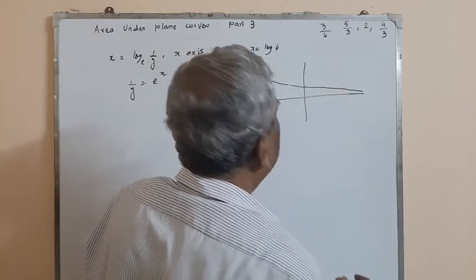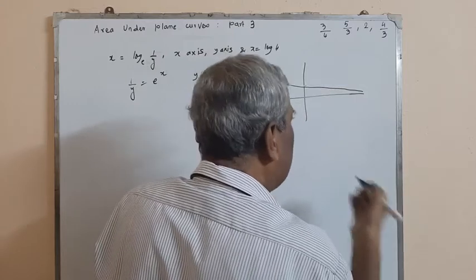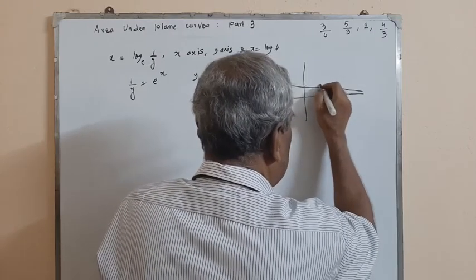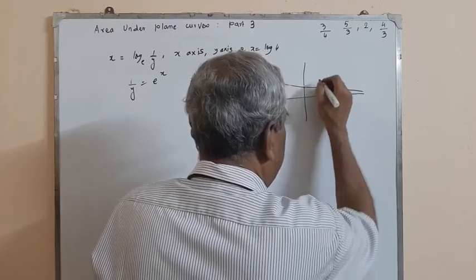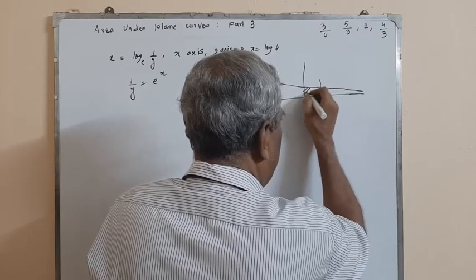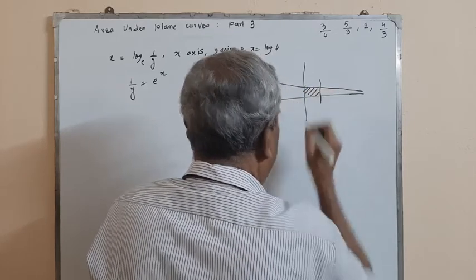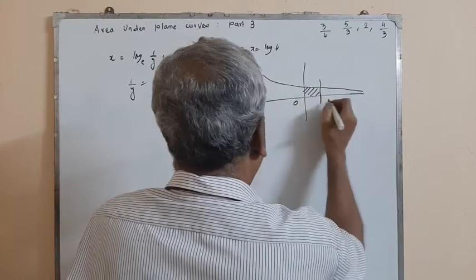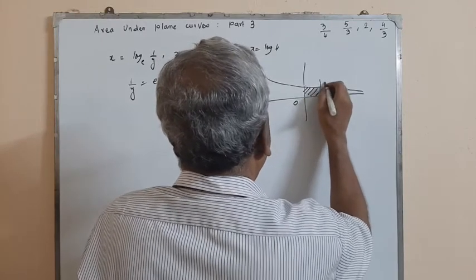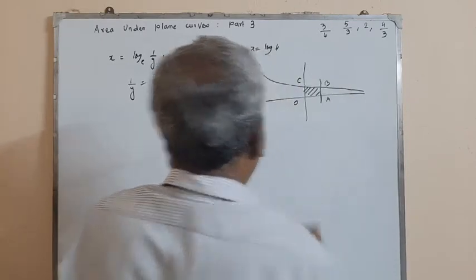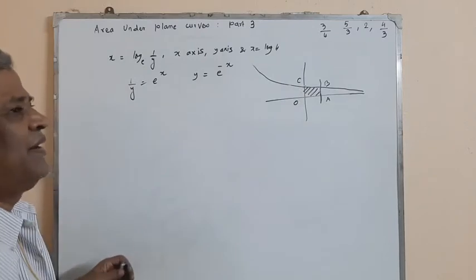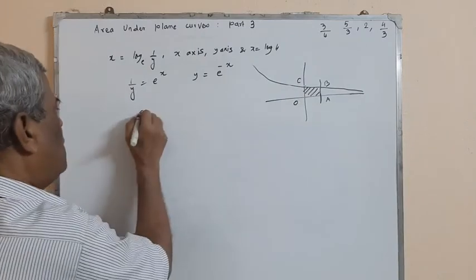Log 4 is more than 1. So suppose this is that, say. So this is our required region, O, A, B, C.